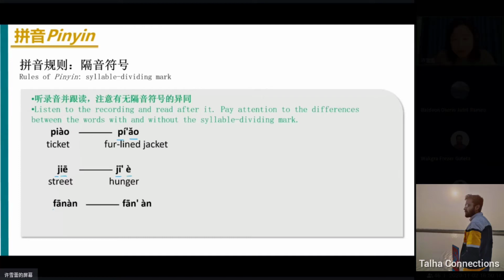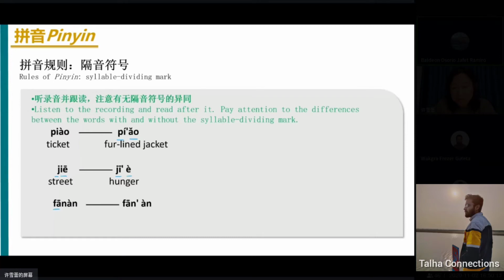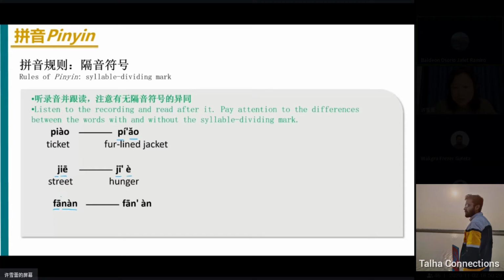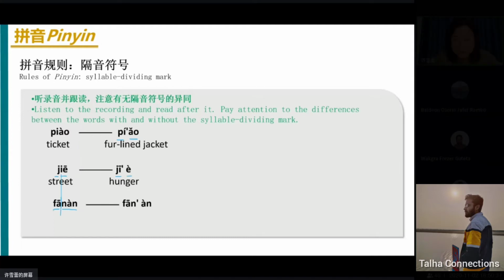Without the dividing mark, we'll read it initial and final, initial and final, so the two syllables should be divided this way, fā nán, 发难.